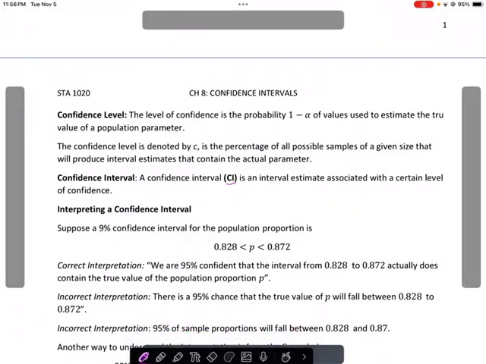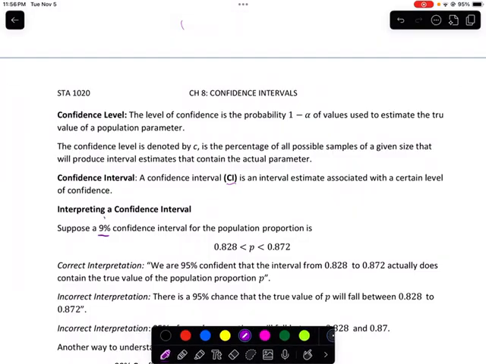Suppose this is a 95% confidence interval for the population proportion. The lower bound is this one, and this is the upper bound. You can give the interval like this, or in the mathematical notation of an interval, not including the endpoints.